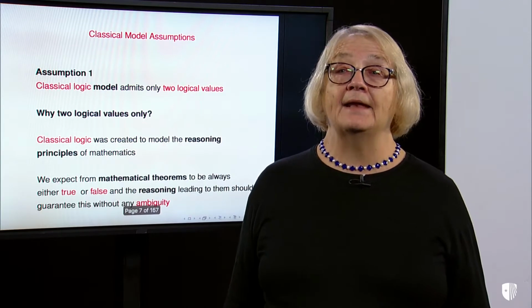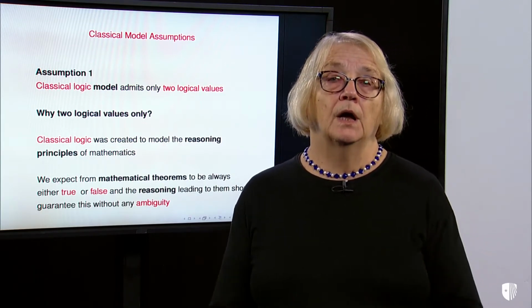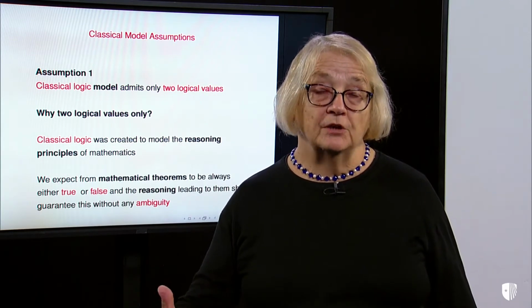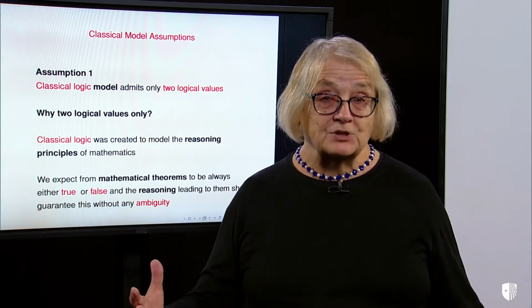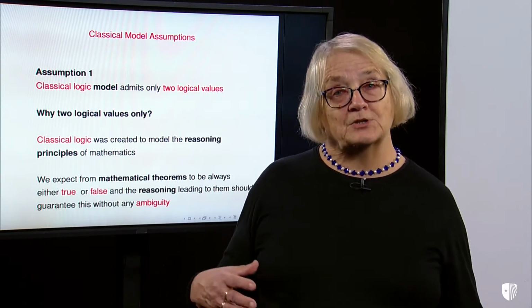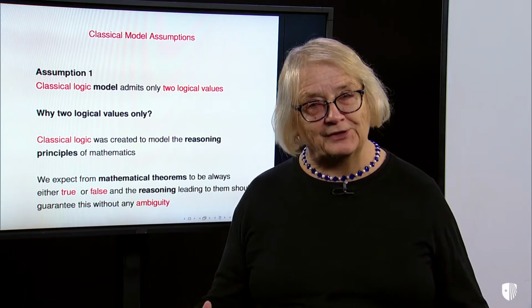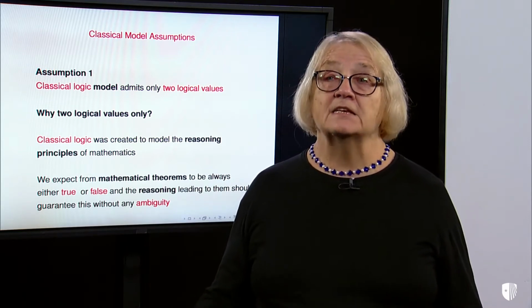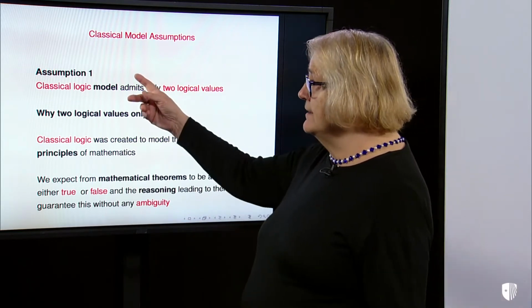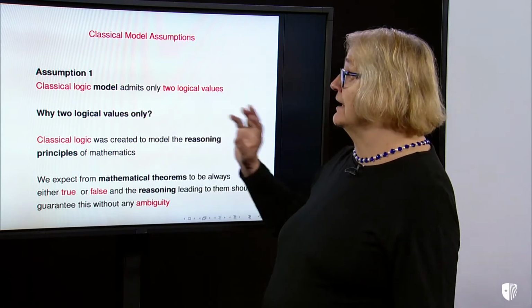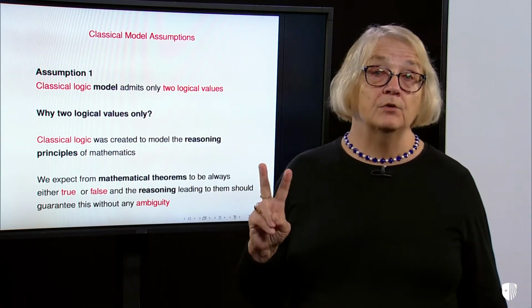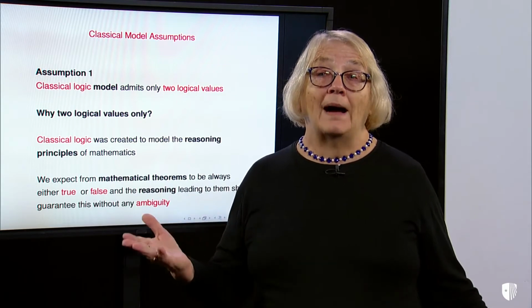And of course, when you develop a logic, you have to make some assumptions, because they are very strict and very special models. So assumption 1: classical logic admits only 2 logical values. And why?